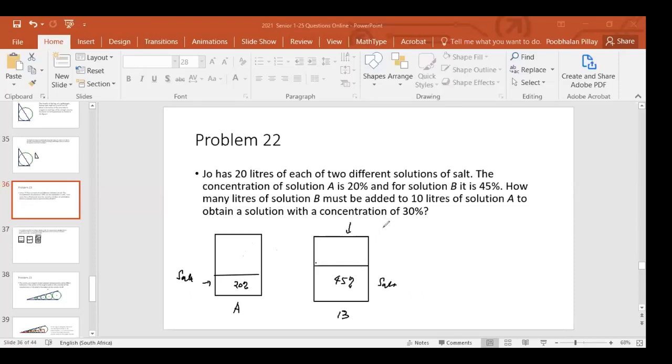All right. So you take 10 liters of this solution. How many liters of solution B must be added to 10 liters of solution A? All right, so I take 10 liters of solution A. Let's look at 10 liters of solution A. Now, 1/5 of that is salt, 20%.